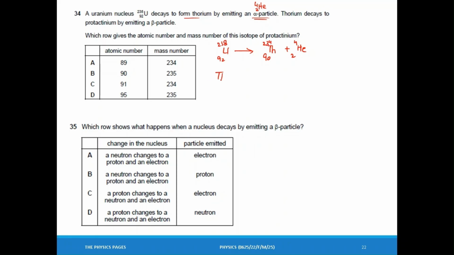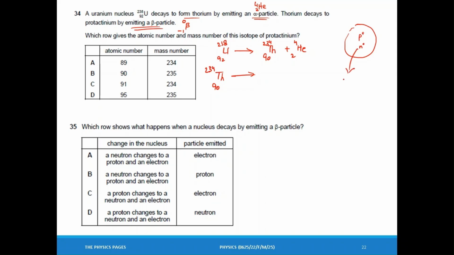Second step, you have thorium 90, 234. Now they are saying this thorium is decaying further and emitting a beta particle. Beta particles are basically electrons emitted from the nucleus. Now you can ask how an electron can be emitted from the nucleus. An atomic nucleus contains protons and neutrons.